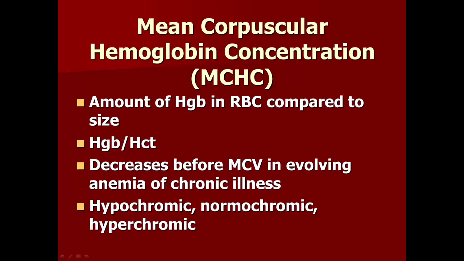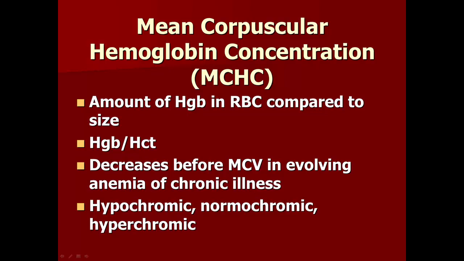So now you've got two differences in how you can use these indices. As we talked about, the MCV will decrease before the MCHC in an evolving iron deficiency anemia, but the MCHC will decrease before the MCV if they have an evolving anemia of chronic illness.